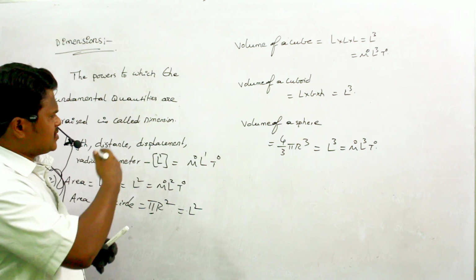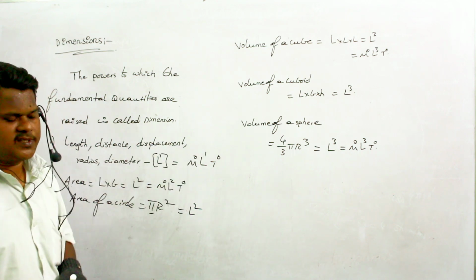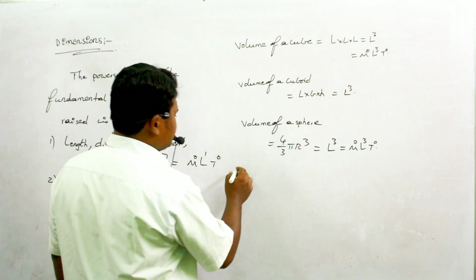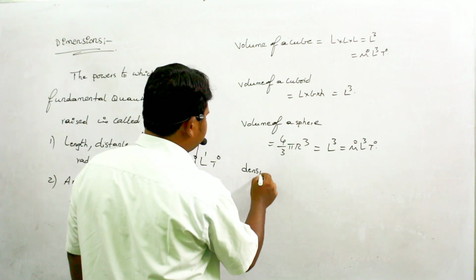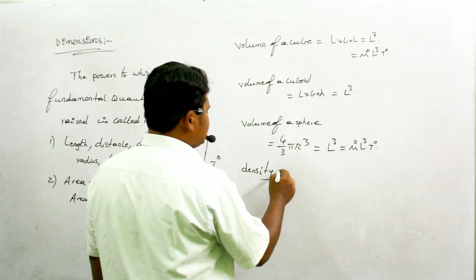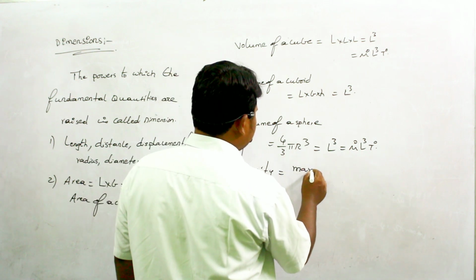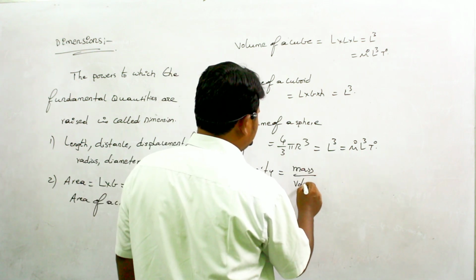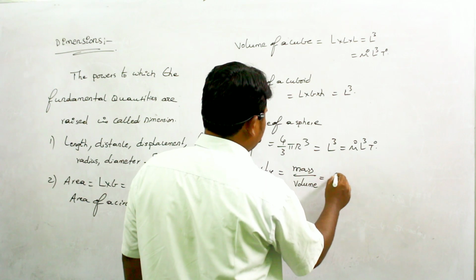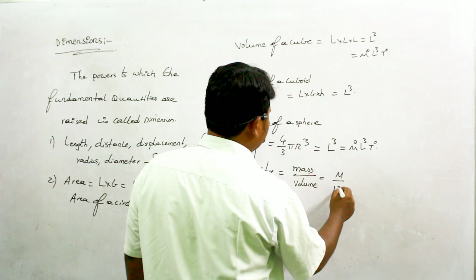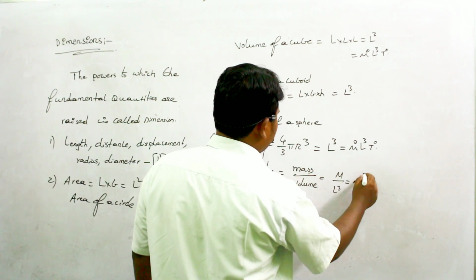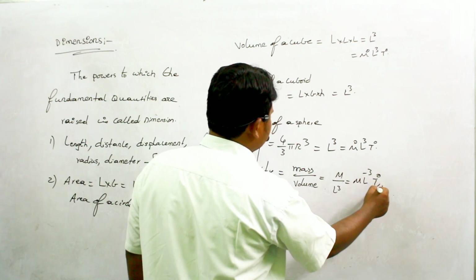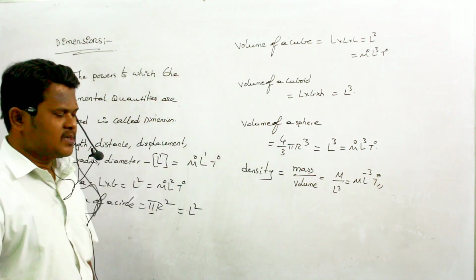So let us see some more dimensions of some physical quantities. For example, density. Density is equal to mass divided by volume. So I can write M by L cube. So M L power minus 3 T power 0 will be its dimension.